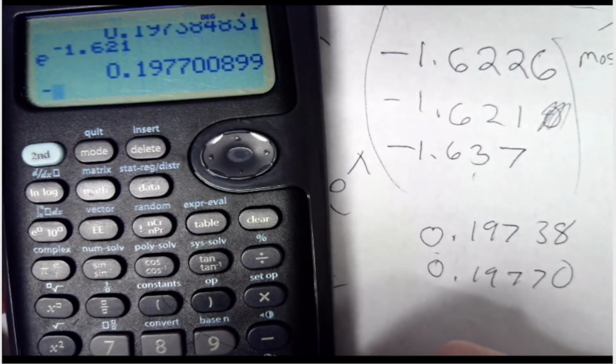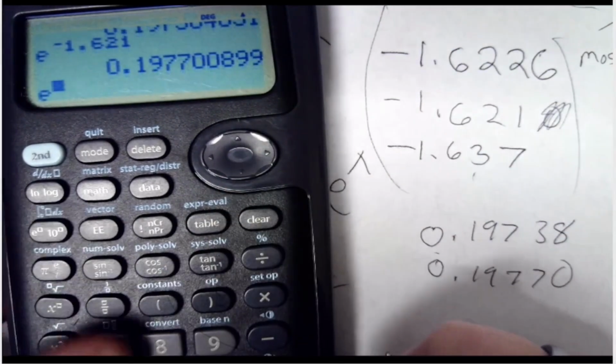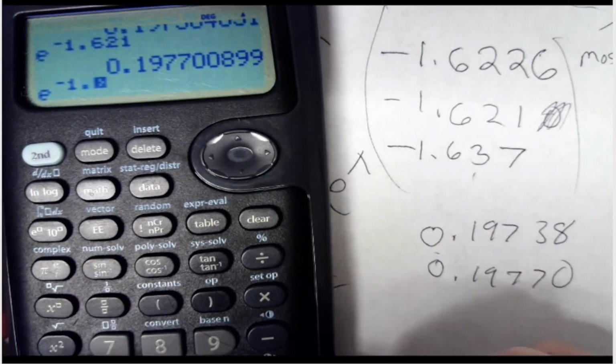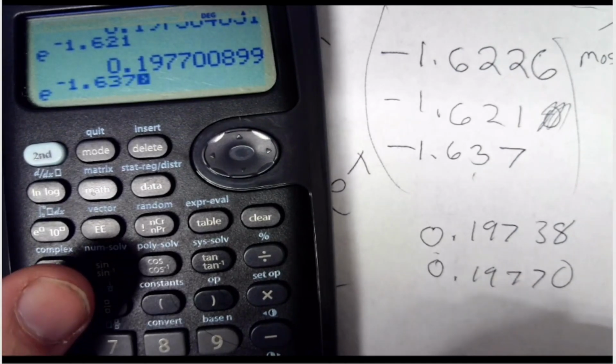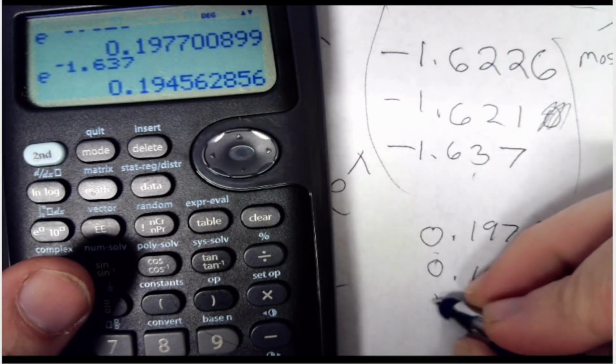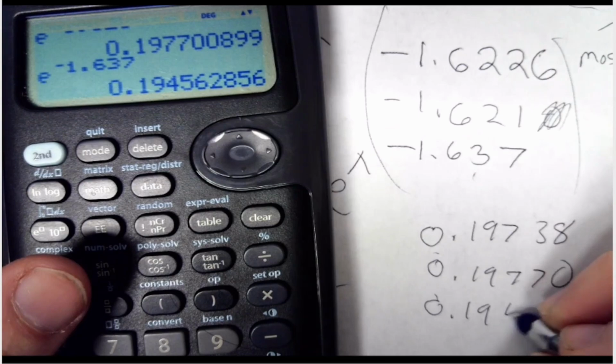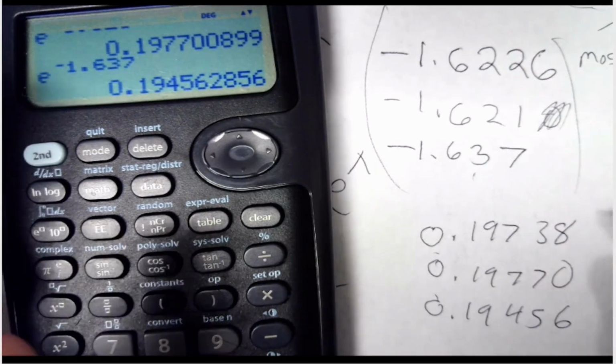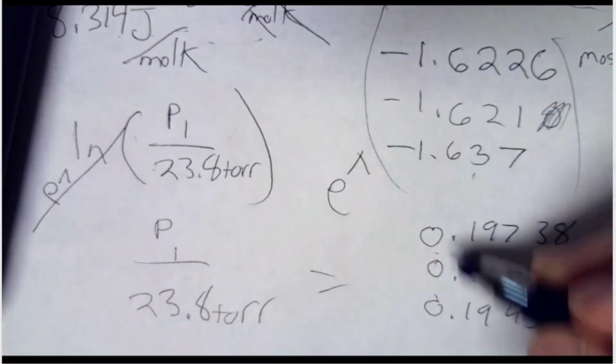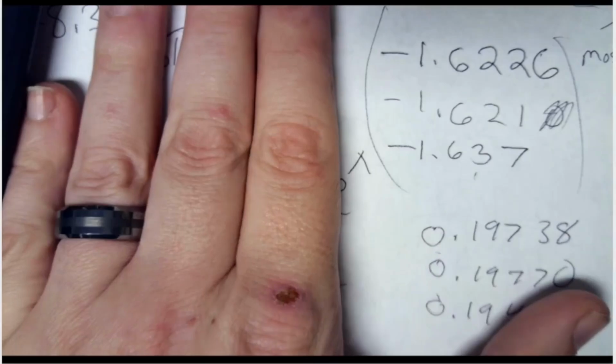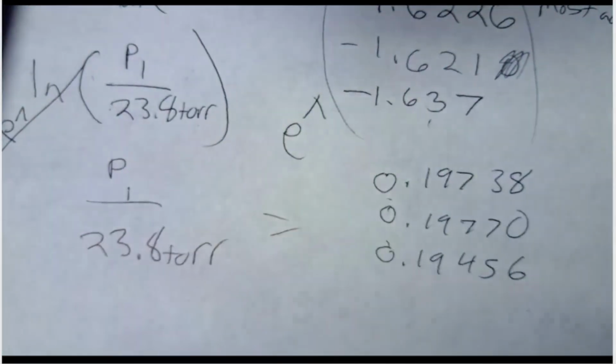And if I did the even slightly less accurate one, negative 1.637, 0.19456. Okay. Either way, none of these are the answer yet. I know it takes a while.